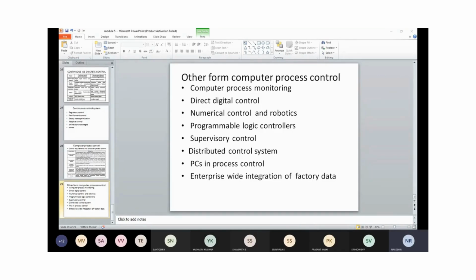That we are going to call an enterprise wide integration of the factory data.